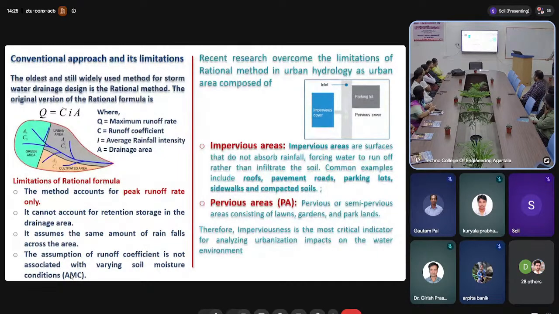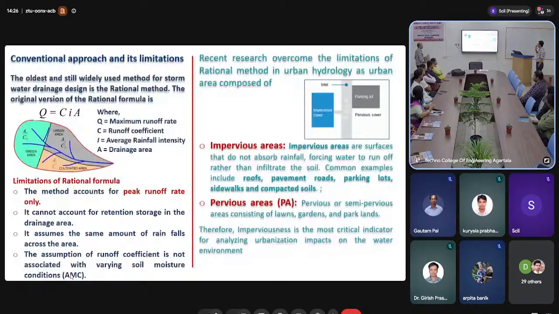What is the reason? The moisture condition, the saturation point, is different. Not only that, it may vary from place to place. So there is a variation both temporally and spatially, and that is not considered in the rational formula. So these are some of the limitations.